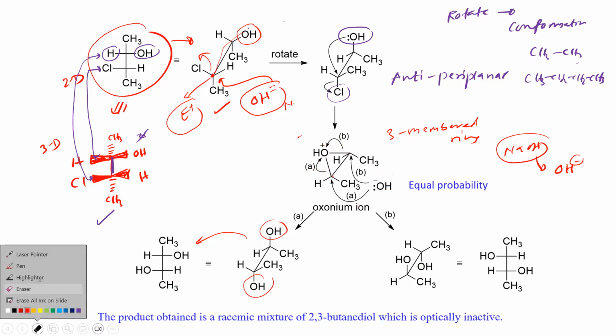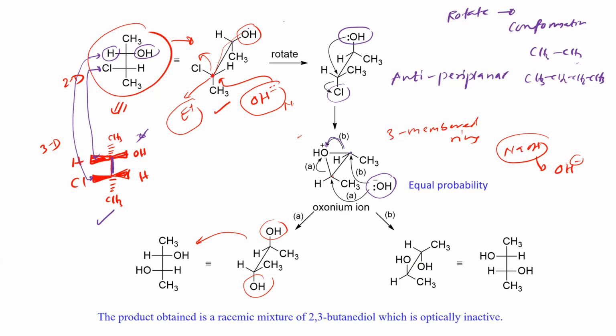See, if the incoming nucleophilic hydroxyl attacks carbon B, this will open up onto the hydroxyl, and this will remain on the top. See, this is the top one, right? And since this hydroxyl attacks from underneath, it will be at the bottom, okay?